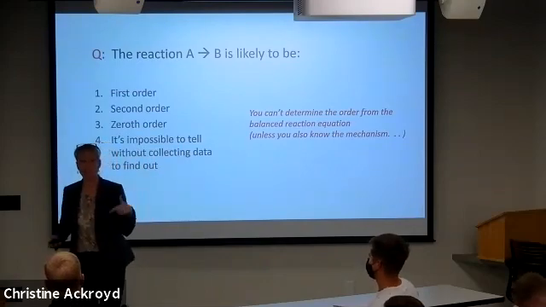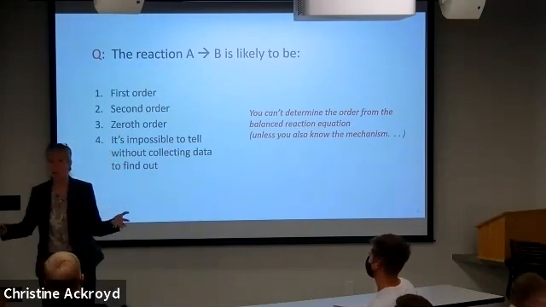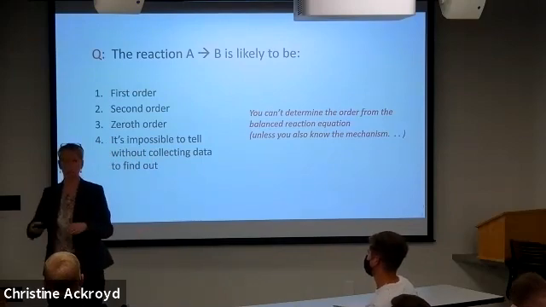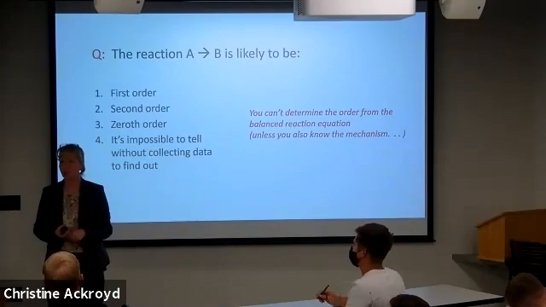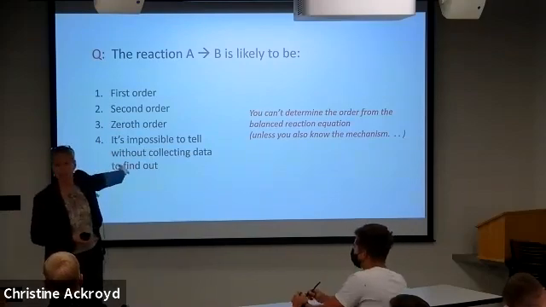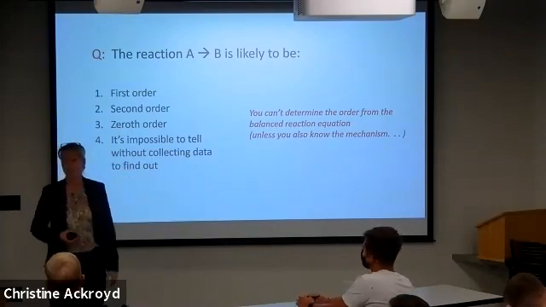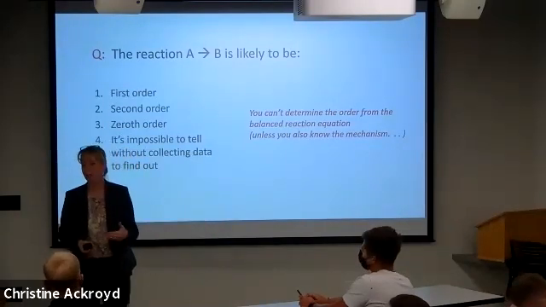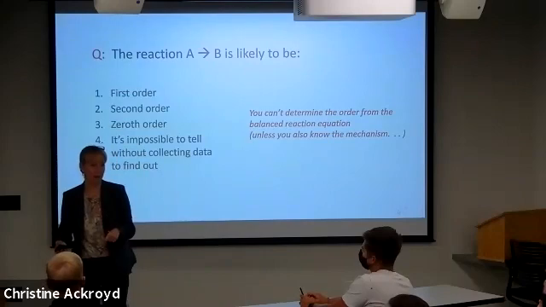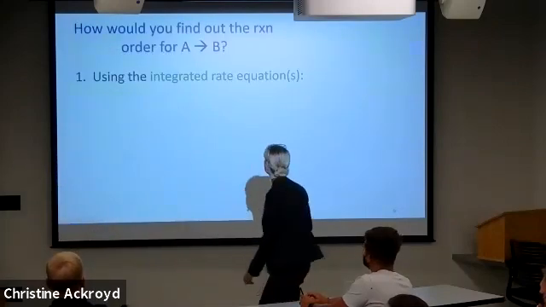Now, this is kind of a circular argument because how do chemists figure out the steps in a reaction? Usually they figure it out starting with the kinetics. So we know the mechanism because we first figured out the rate law, which gave us clues about it. We'll talk more about that.